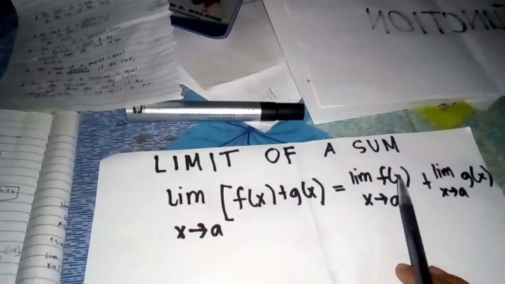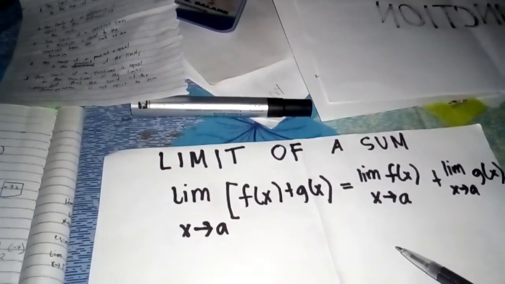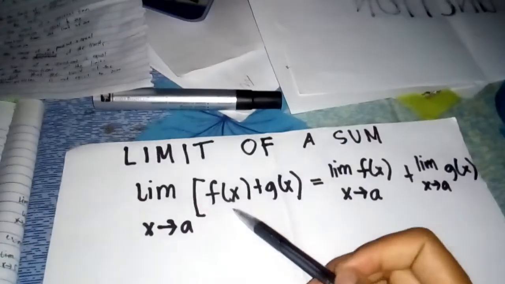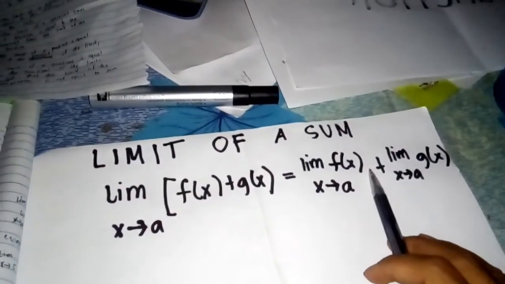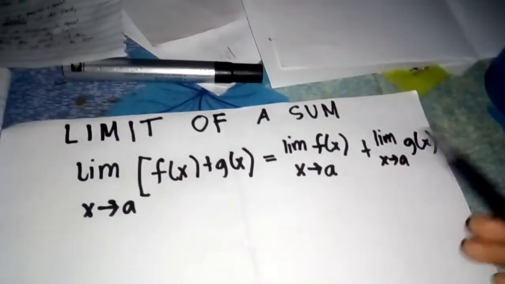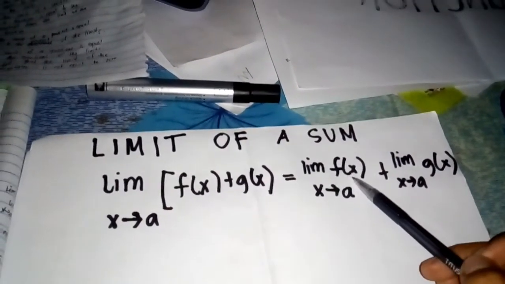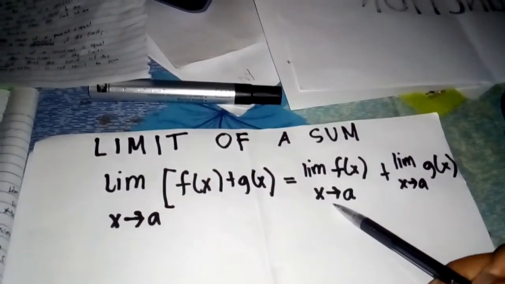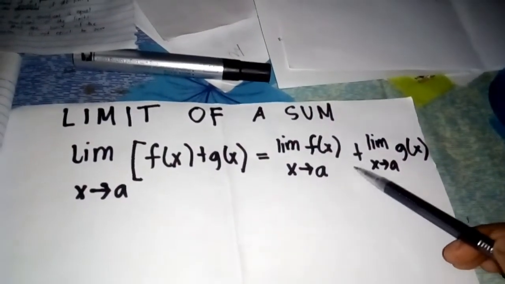So we have two different functions, f of x and g of x. So we're going to factor it: the limit of f of x as x approaches a plus the limit of g of x as x approaches a.